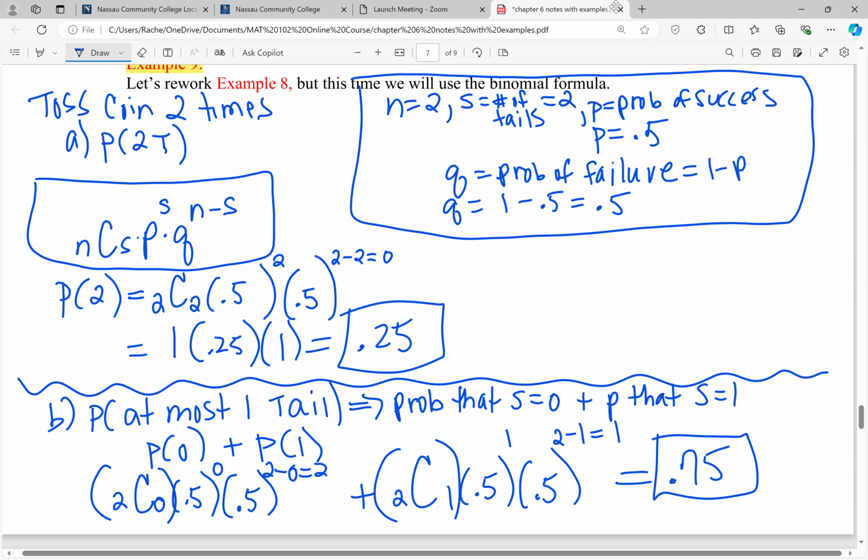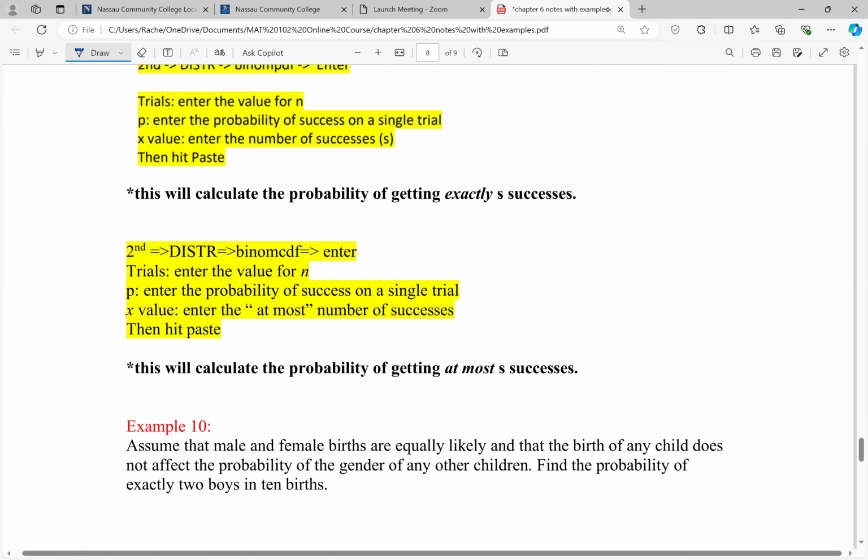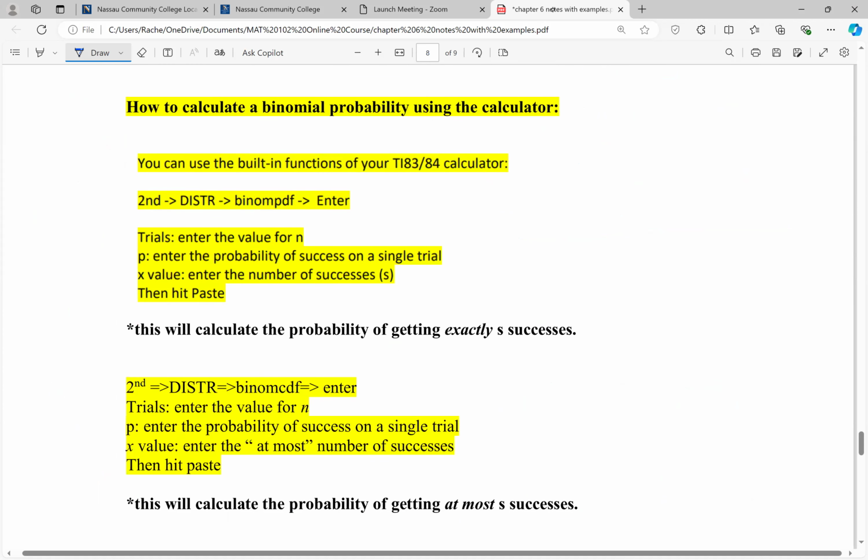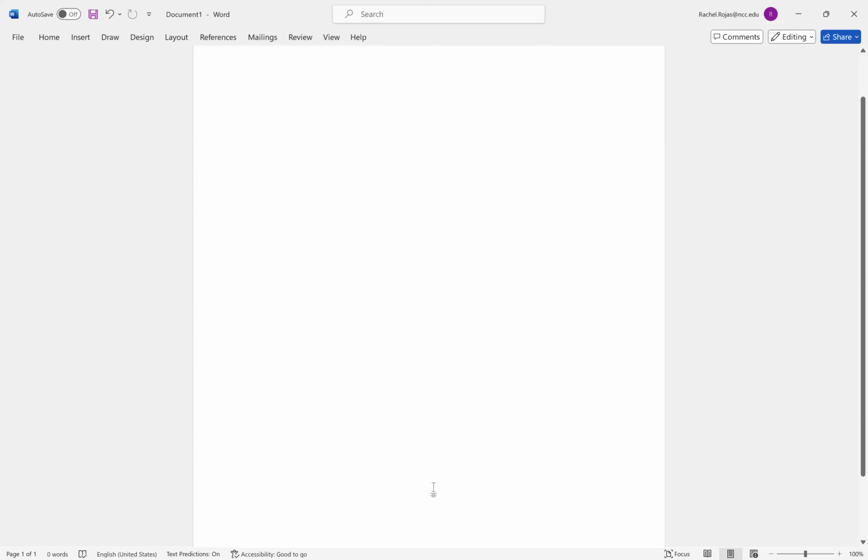But what's nice about the TI-83/84 calculator is that this binomial formula is built into the calculator. We just have to tell the calculator what parameters to use. So before we get into example 10, let's use the calculator to redo this question a third time, now using the function in the calculator.